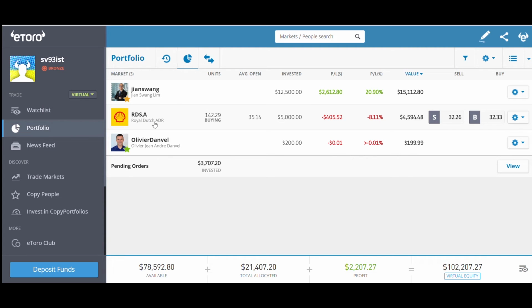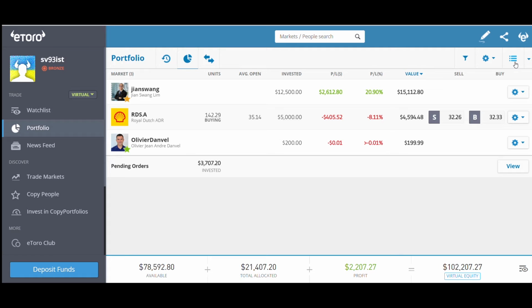Also there is the stock of Royal Dutch. It is down 8% since I invested, so this was not a very successful investment. And there is also a minimum investment in the copying portfolio of Oliver Denville. Currently it is 0.01% down. And here you can see your portfolio.